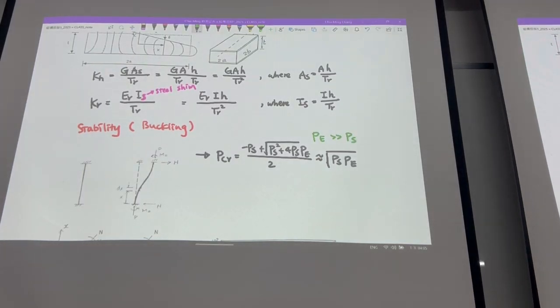So the PS is the shear force you apply to the barrier, and PE is the elastic buckling force. Because that's a shear force, it is G times AS.